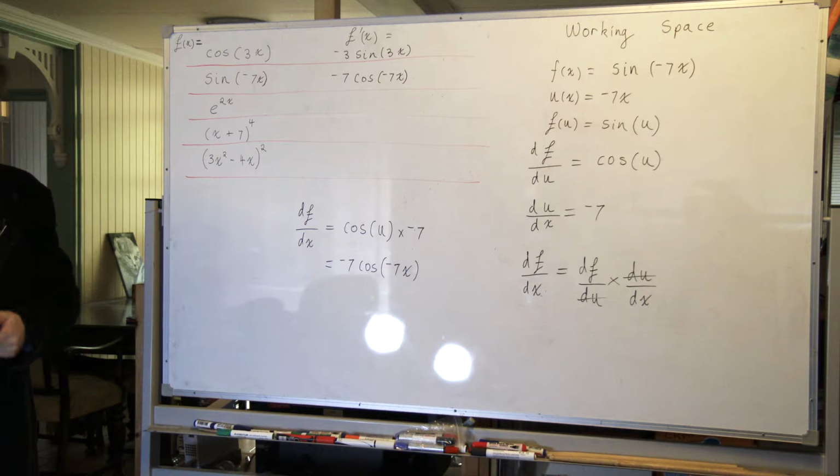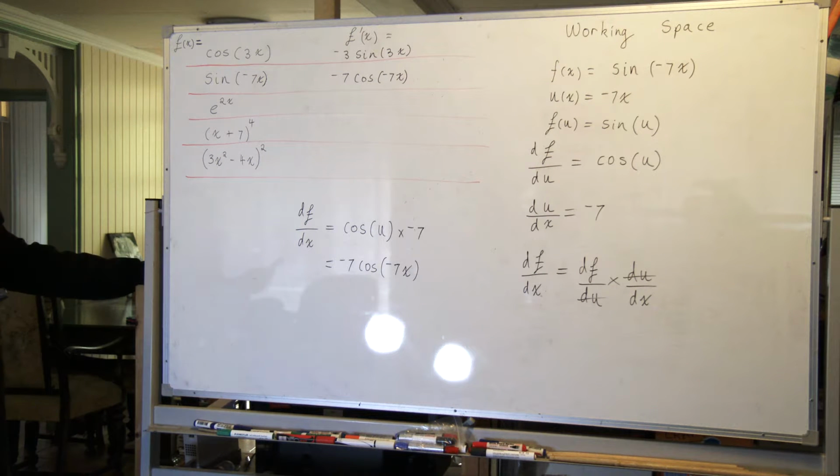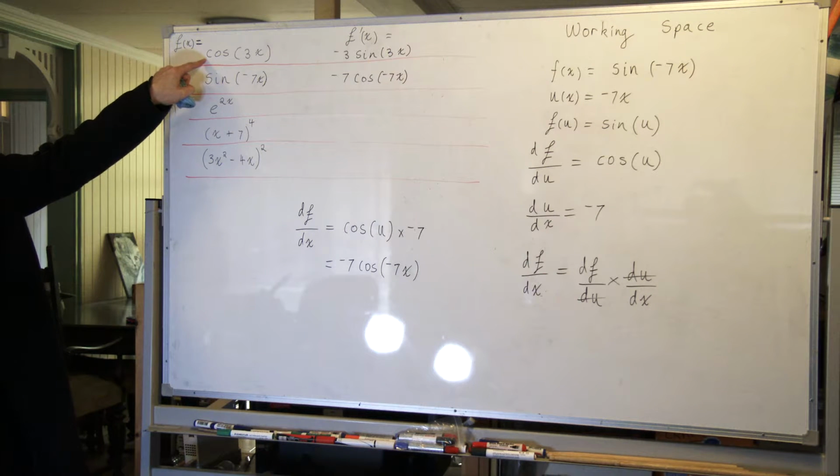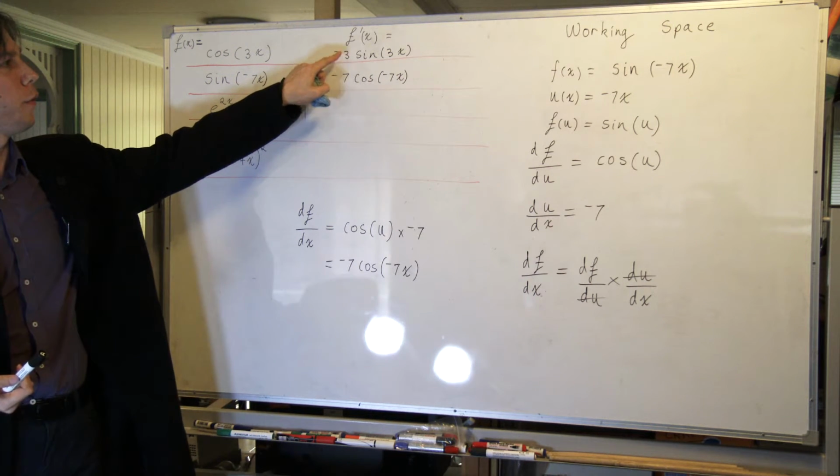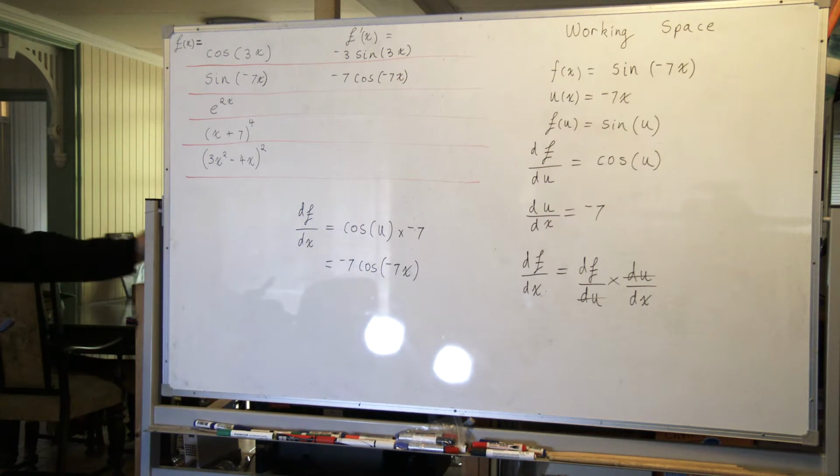So I said that we're looking for patterns and we're trying to make our lives easier. If I look here, I had cos of 3x, and the derivative was negative 3 sine of 3x. And I think to myself, well, the derivative of cos of something is negative sine of something.